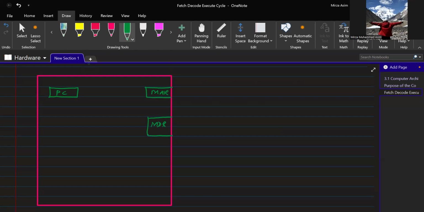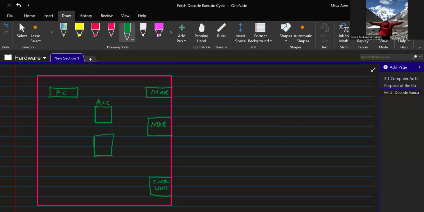Okay. Then we have a very important part of the CPU, that is the control unit, and we have the accumulator, ACC register.